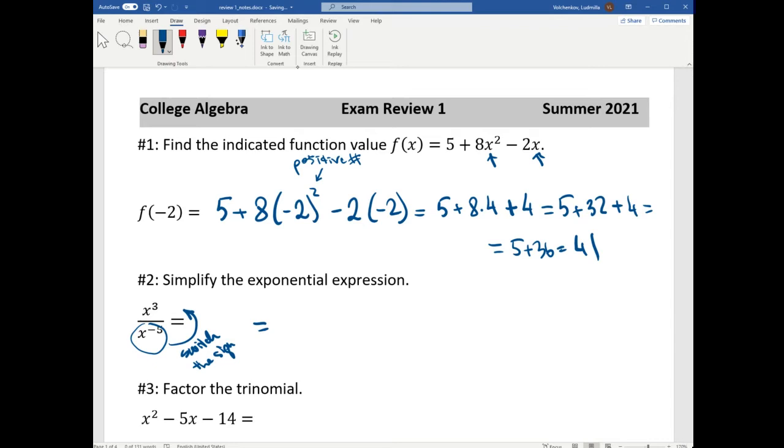So this fraction is equivalent to the product x cubed times x to the 5th. Or apply product rule. X cubed times x to the 5th is this. When we multiply two exponential functions, we add the exponents, 3 plus 5, or x to the 8th.